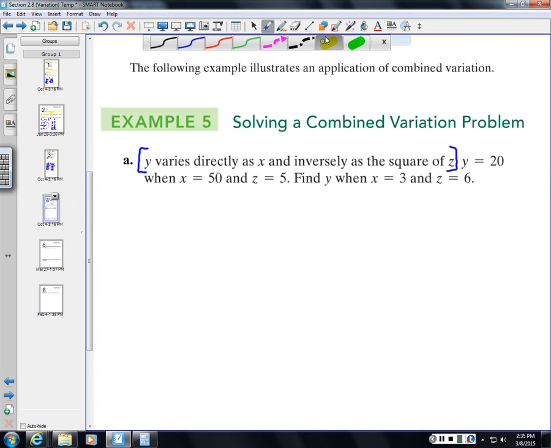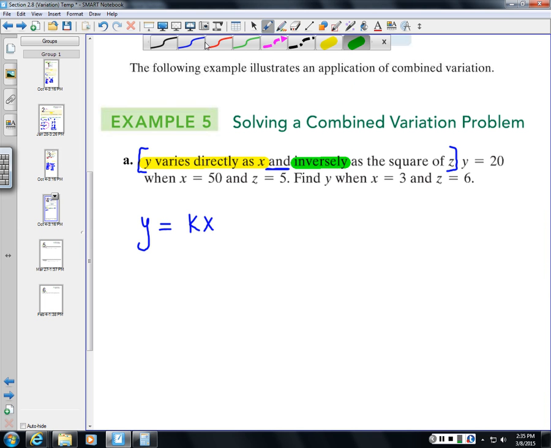So the very first thing that I see is Y varies directly as X. Right there, I'm going to write that out. Y varies directly as X. Okay? And then we have this word and. So now we know something's going to happen behind this. And it says and inversely.